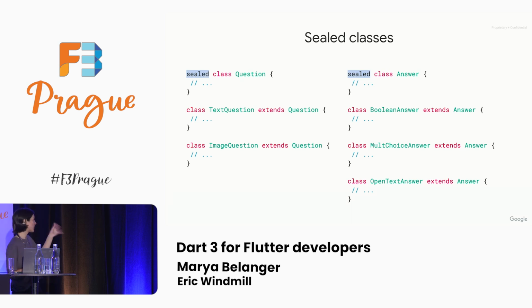So if you put this modifier on a base class in a class hierarchy, then you can only create subtypes of that class in the same library. So that guarantees 100% for sure that the compiler knows that these are all the subtypes for these classes. So then it can tell you that you're missing something because it's aware of them.